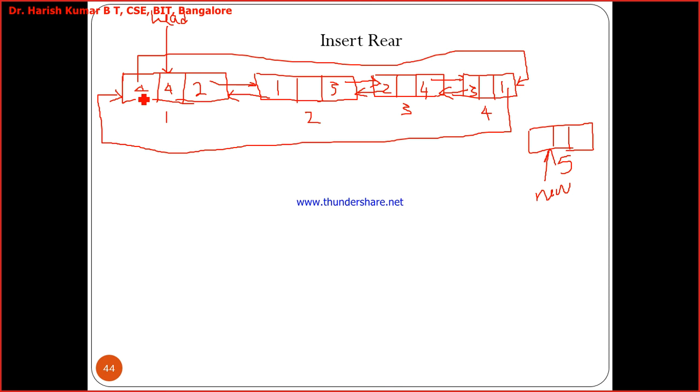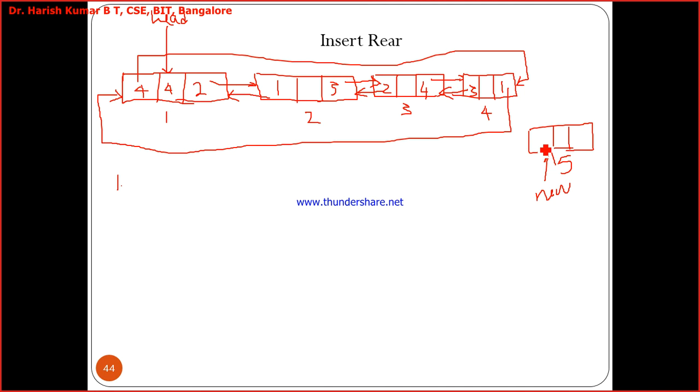Okay. Now first step, what will we do now? Tell me. What is it that you got to store here? In the left link of new node. New arrow L link is equal to head arrow L link.